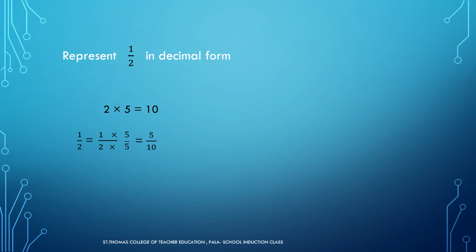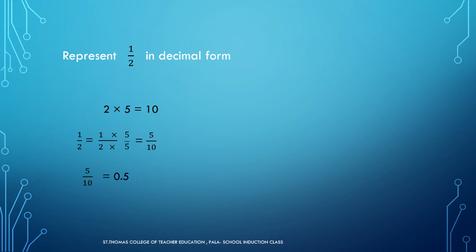Now all of you know, what is the decimal form of 5 by 10? Yes, it's 0.5. So what we got here is 1 by 2 is equal to 5 by 10 and 5 by 10 is equal to 0.5. Or in other words, 0.5 is the decimal form of 5 by 10.